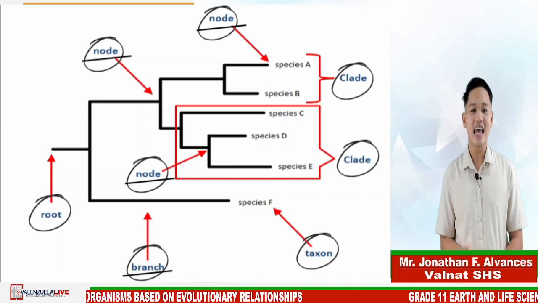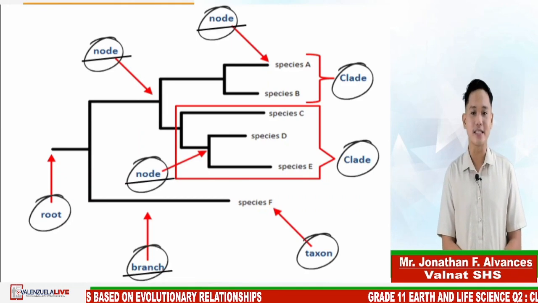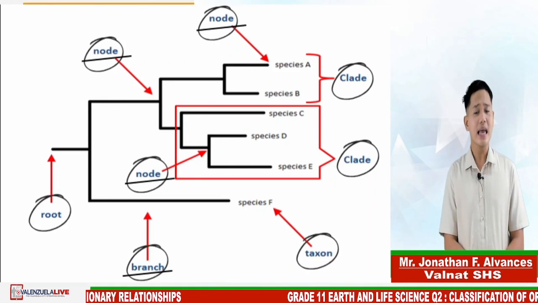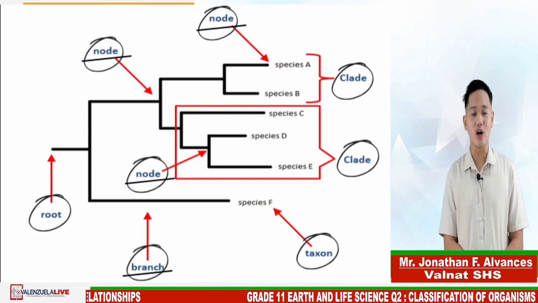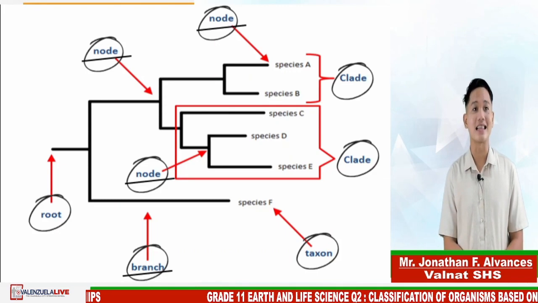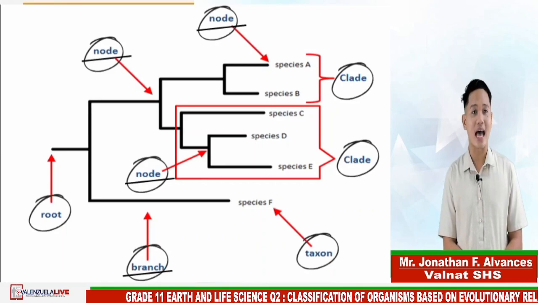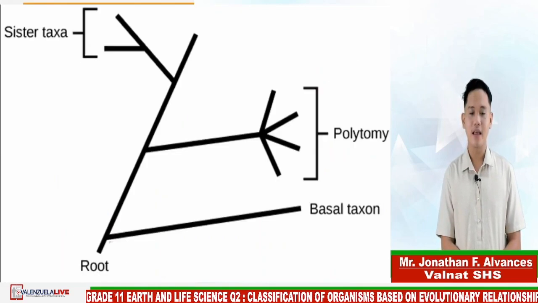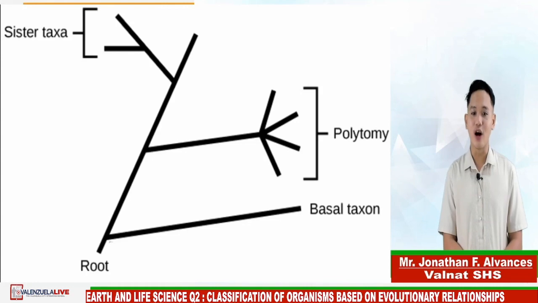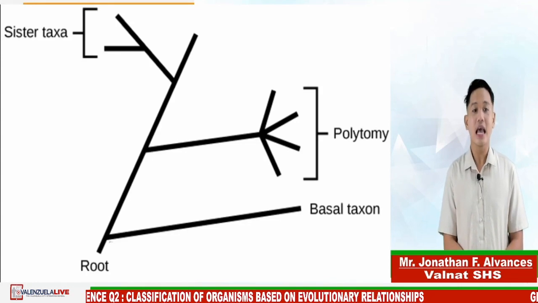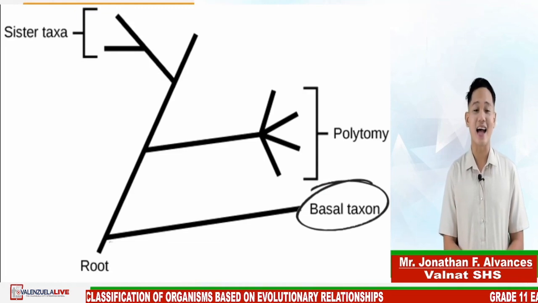A clade is a group that includes an ancestor and all of its descendants. It is a piece of a phylogeny that includes an ancestral lineage and all the descendants of that ancestor. A lineage that evolved early from the root and remains unbranched is called a basal taxon.